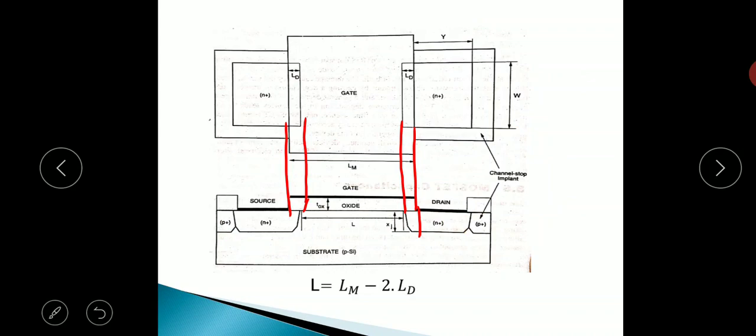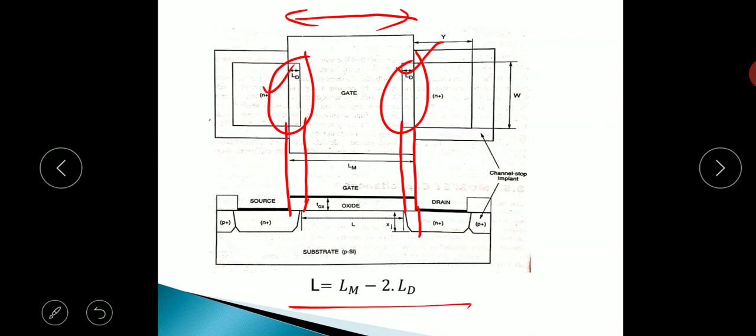So after excluding the overlap area, the actual length of the channel is, this one is the whole length of the gate. We exclude these two regions to find out the actual channel length. So LM minus 2 LD, LD plus LD, 2 LD.